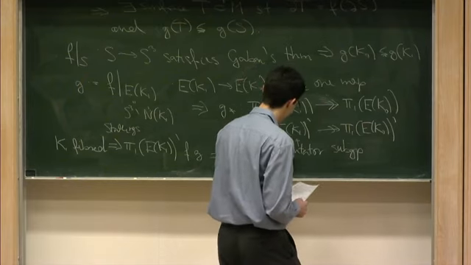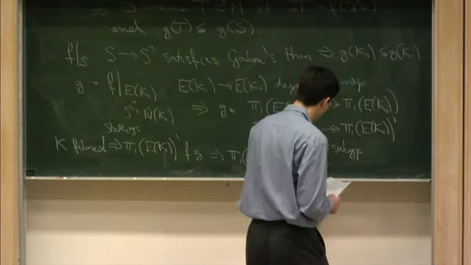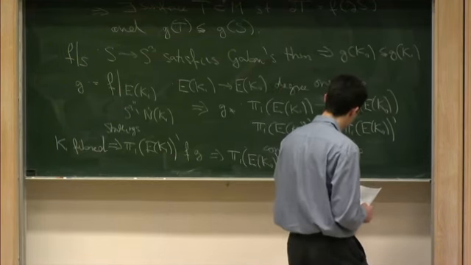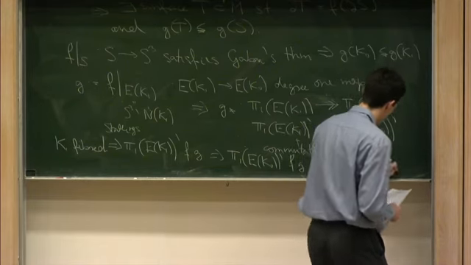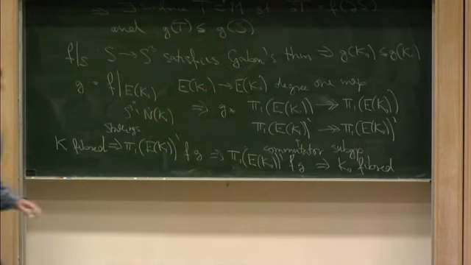And this is an if and only if statement, so this implies that K0 is also fibered. And I should mention this alternative proof was communicated to me by Danny Ruberman. Okay, so I think I'll stop here.